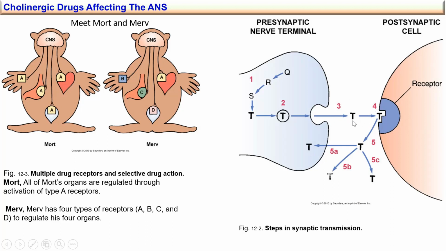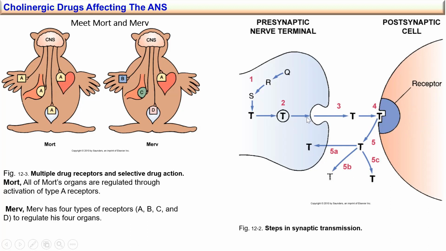Then step 4 is the action at the receptor, in which the transmitter binds reversibly to its receptor, lock and key, on the postsynaptic cell.